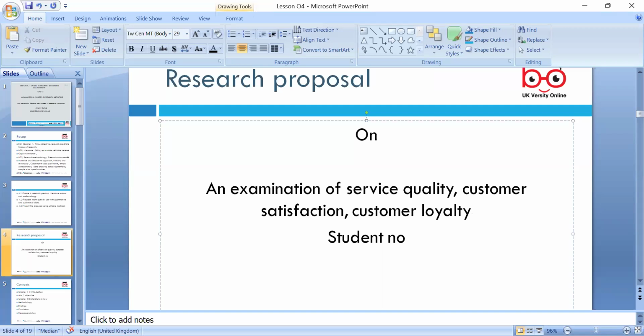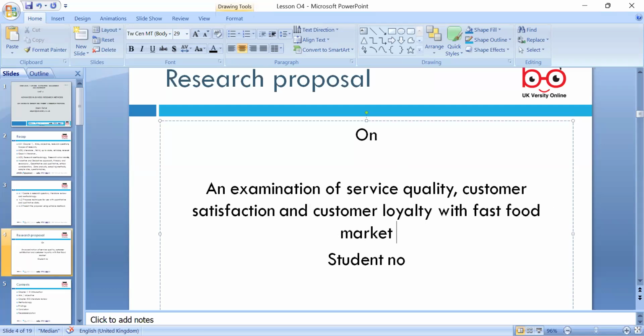An examination of service quality, customer satisfaction and customer loyalty within the fast food market. We can narrow it down because it's very difficult to research everything, and on this basis we can draw the conclusion.